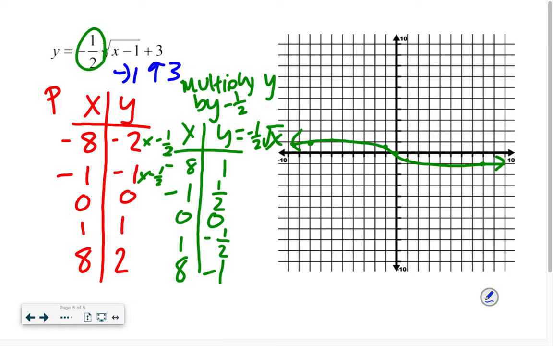Okay, we got the multiply part down. What else do I have left? Move it over, right 1, up 3. So you take each point, right 1, up 3. Our halves are a pain.